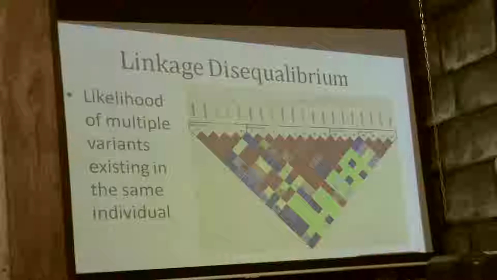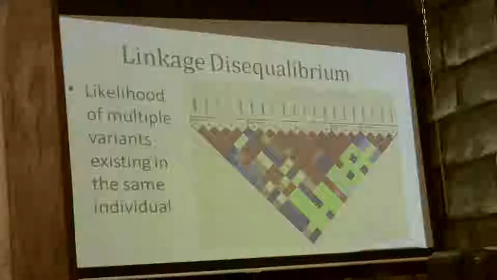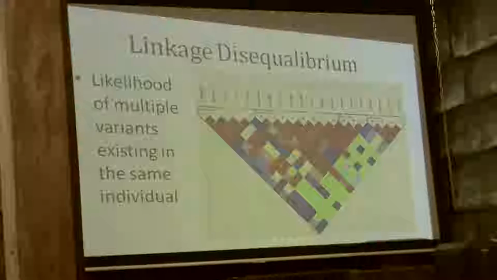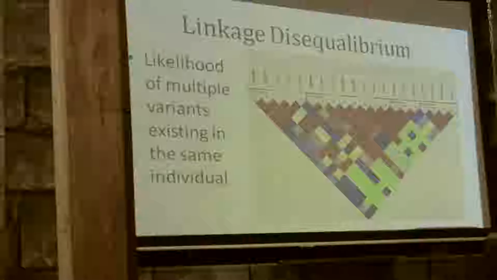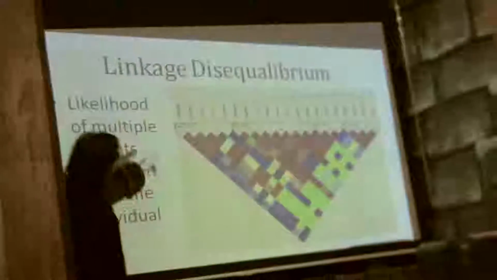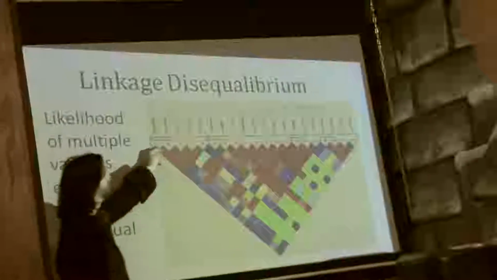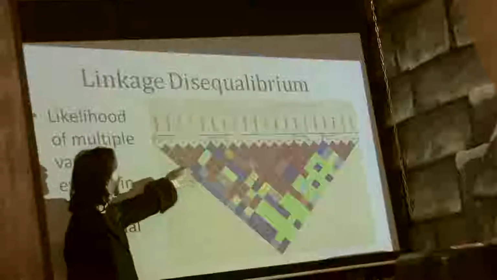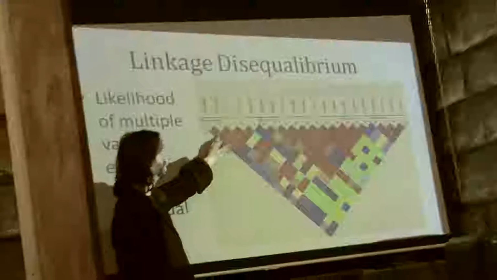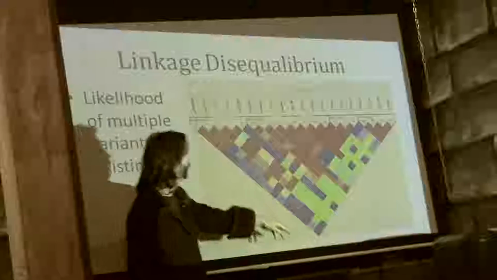You can do these fancy linkage disequilibrium maps, which show the likelihood of, once you have several genome sequences, you just put them all together, and you can calculate the likelihood of, if someone has this variation here, what's the chance they have this one here? And for this person, pretty high.